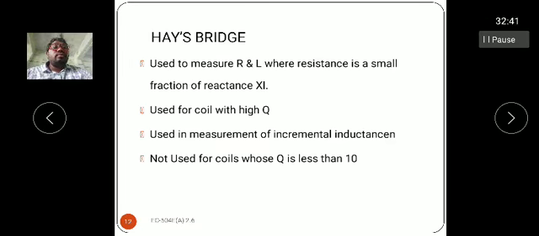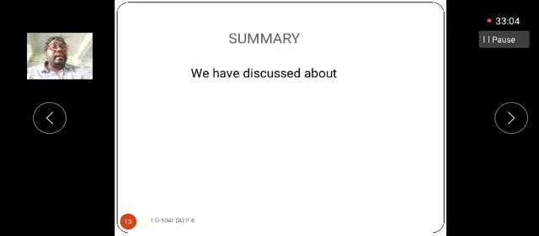It is not used for coils whose quality factor is less than 10. The Hay's bridge is also used for measuring the inductance based on the quality factor of the circuit. With less than 10, we are not using the Hay's bridge. If the coil has a high quality factor, then we use the Hay's bridge. This is the discussion about the Hay's bridge.